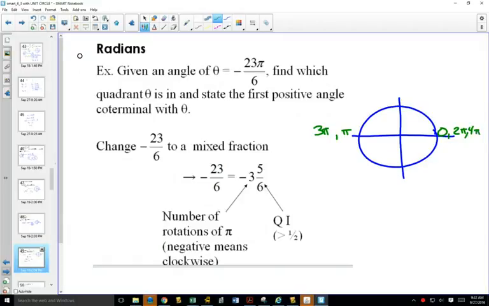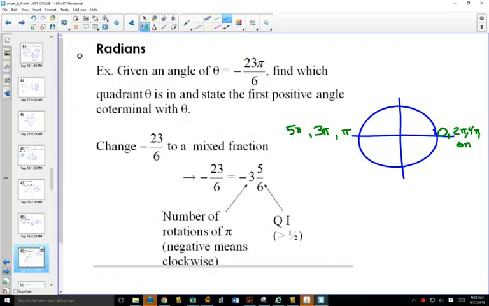This would also be 4 pi, and this would also be 5 pi, and this would also be 6 pi. And a pattern starts to emerge. Everything on the positive x-axis is an even number times pi.